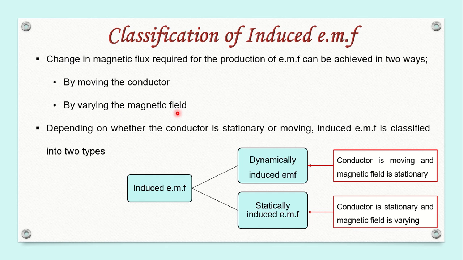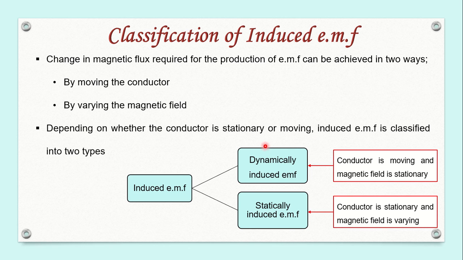Depending on the method used for producing the EMF, it can be classified into two types. The induced EMF can be classified into two types, and they are named based on the status of the conductor, whether the conductor is stationary or moving.